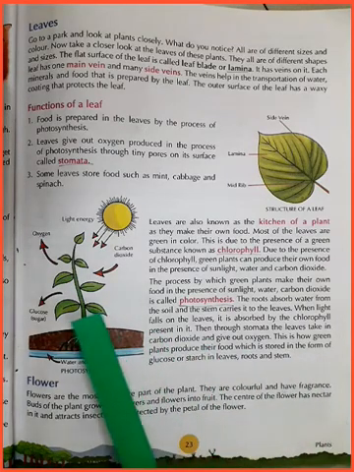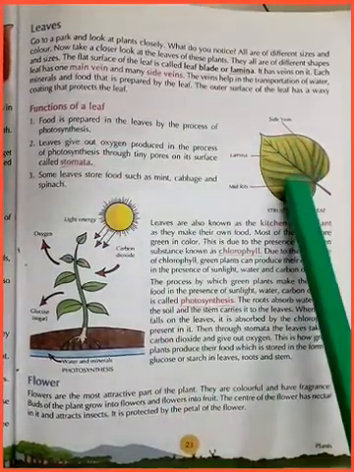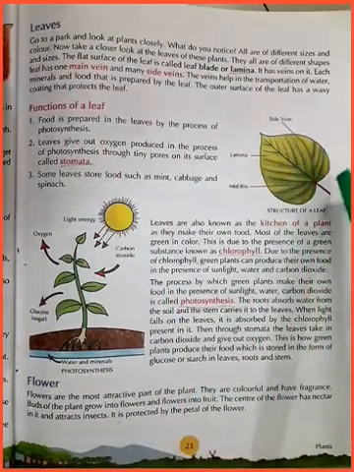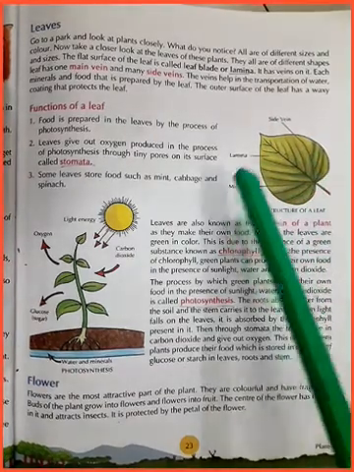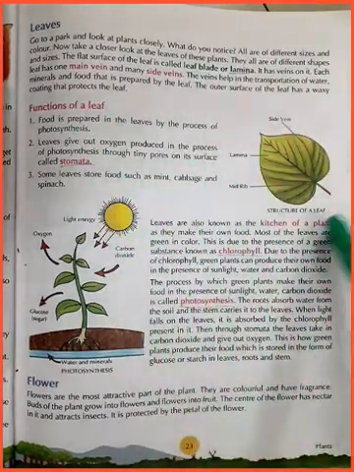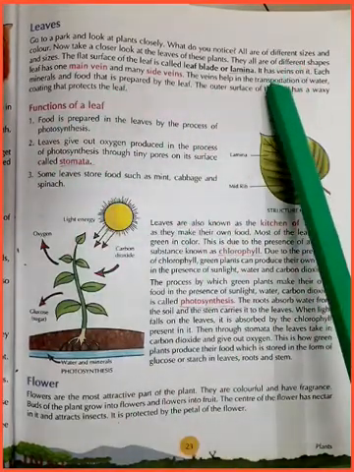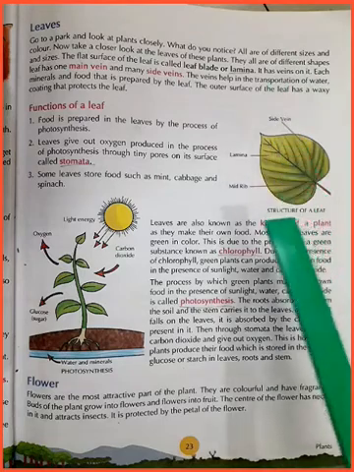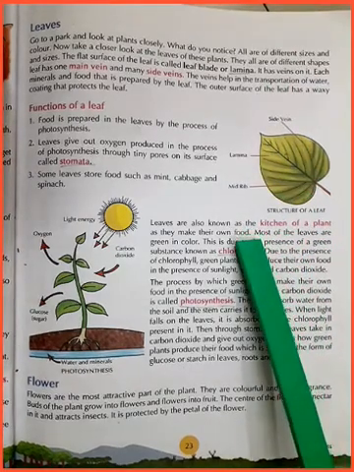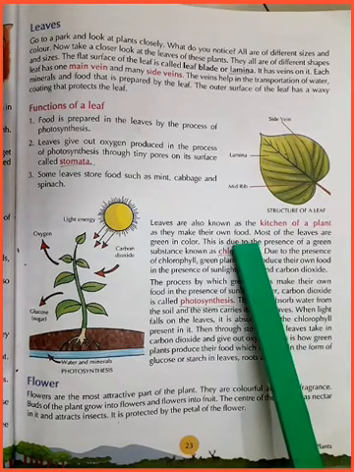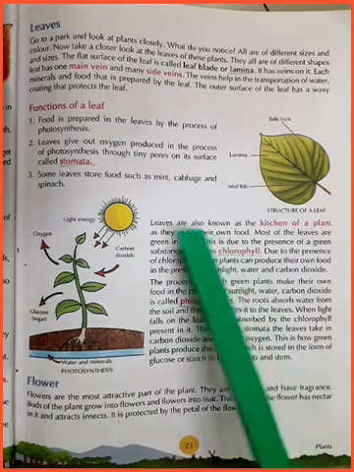Okay, now here we go with leaves. Leaves you have seen. There are many parts of a leaf: mid vein, side vein, lamina, midrib. Each part does its work. This is called the food factory. If you go for a nature walk, you will see that all the leaves have different colors, sizes and shapes.